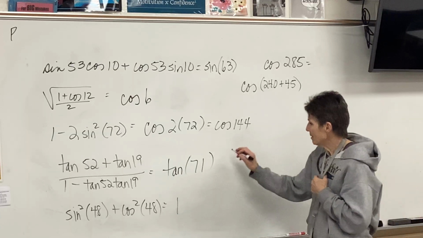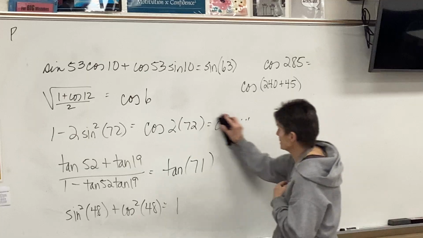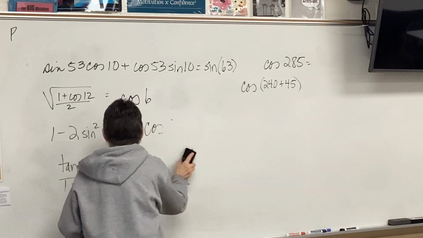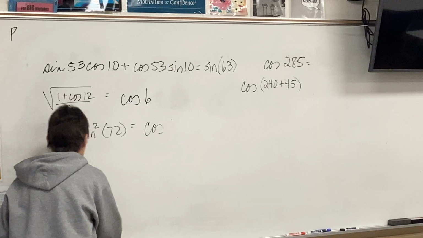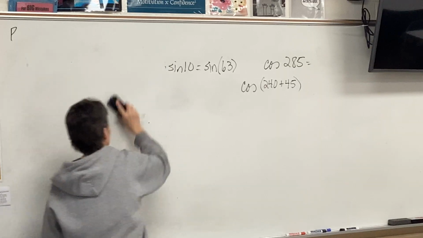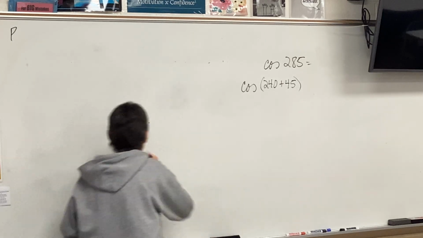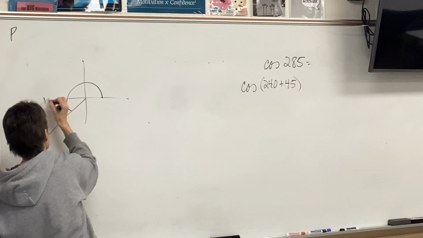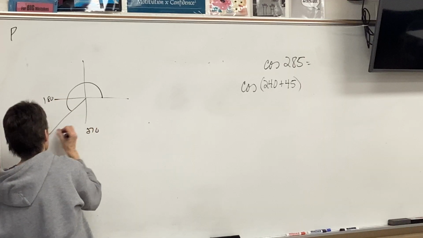You remember that 240, I'm going to erase all these, 240 is the third quadrant 60-degree angle. If I draw 240, here's 180, here's 270, here's 240.